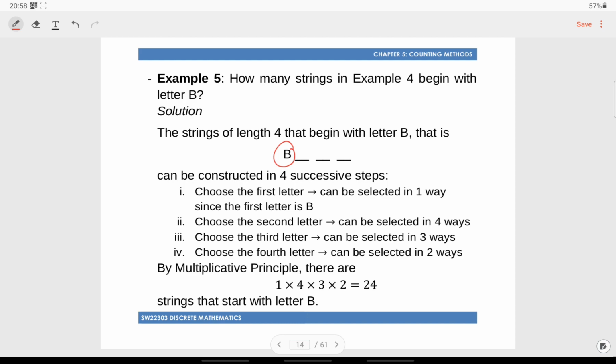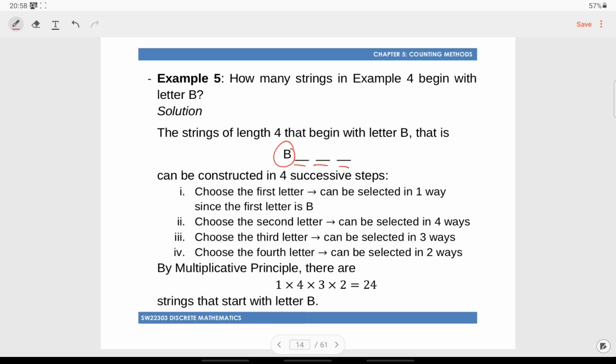So the string of length 4 that begins with the letter B is constructed like this. Start with B, and we have another 3 empty spaces to fill. So this task can be constructed in 4 successive steps. We start with the first step, to choose the first letter, and the first letter is specified as the letter B. So the first task can only be done in a single way, because the question asks to do so.